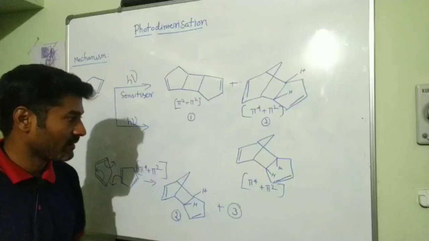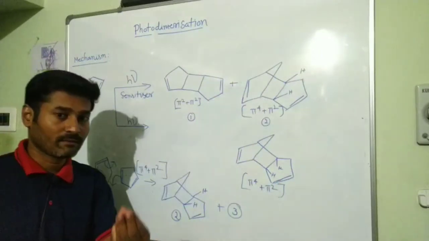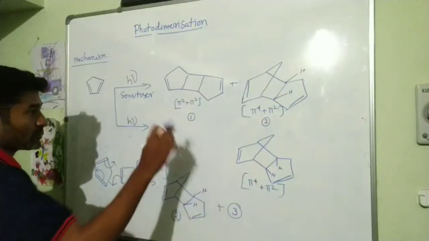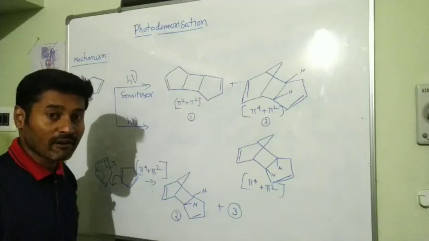Sometimes the endo product will be the major product, but exo will be a very little fraction, but almost all the products will be there in equal proportion.